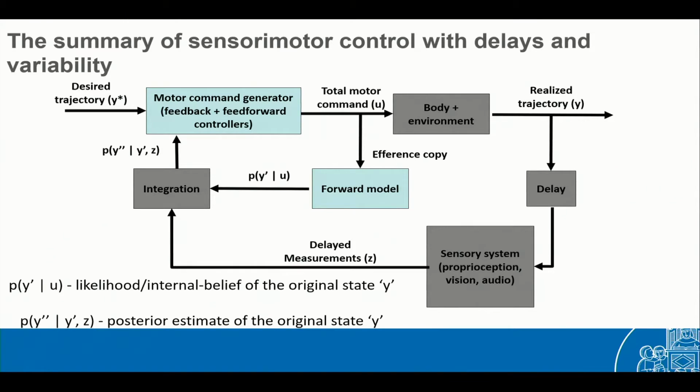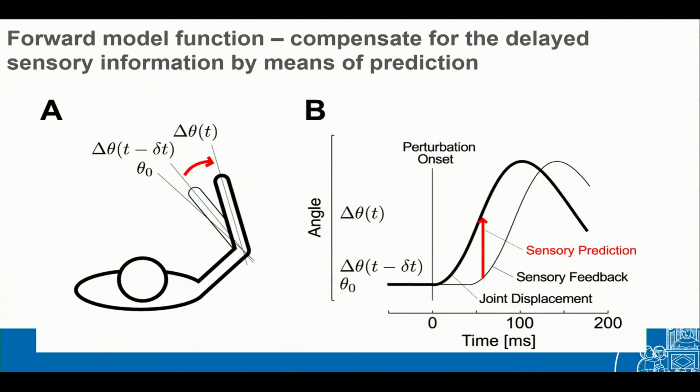And we also have a forward model that sends input to the integrator in order to update our feed-forward controller. What is the role of all these models? The idea is that we need to compensate for the delay. So if we consider, for example, when we move an arm in space, what you have is a sensory prediction that is needed in order to accomplish the task.